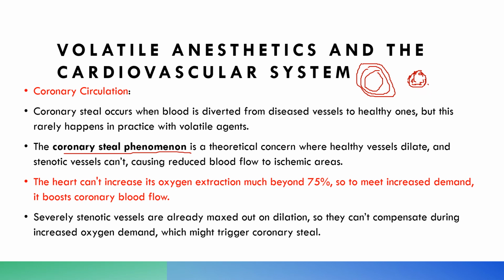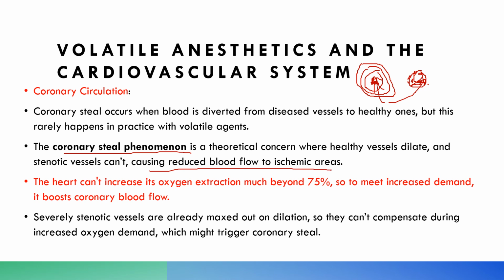So what happens is, when we give these volatiles, the healthy vessels theoretically dilate, and this one doesn't. When we can flow and walk through this hallway easier, this is the easiest path. It's the path of least resistance versus this atherosclerotic vessel. It's a lot harder to go through. So this is going to reduce the blood flow in those ischemic areas.